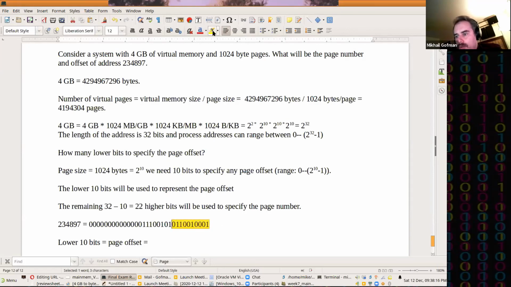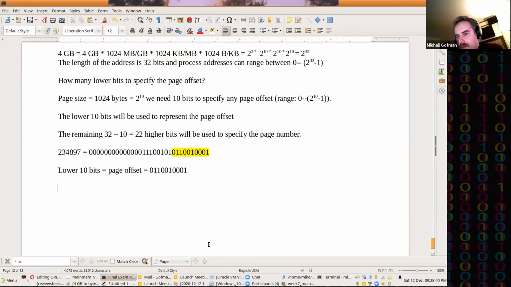Okay, so the lower 10 bits were used to represent the offset, and then the remaining higher 32 minus 10 bits are used to specify the page number.